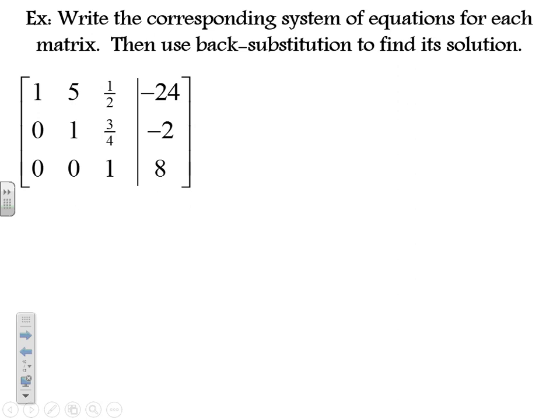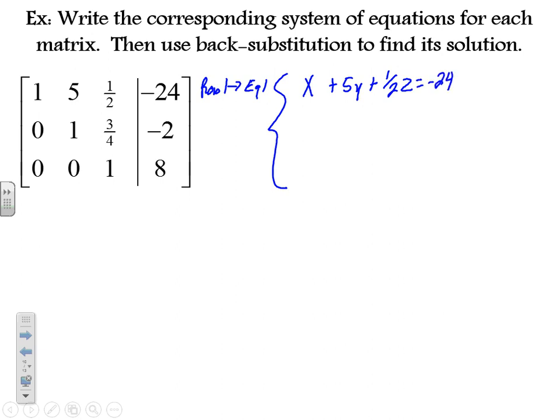So row 1 of the matrix corresponds to row 1 of the system. So the first equation that we'll have will be 1x plus 5y plus 1/2 z is equal to negative 24.